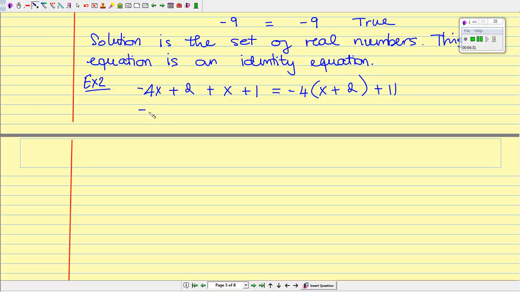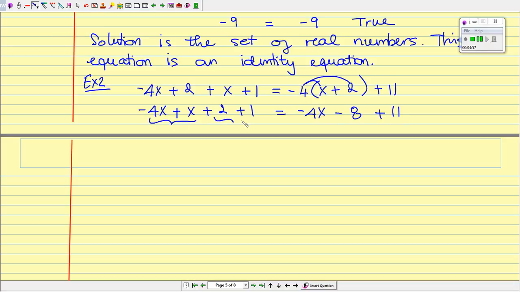Now on the left-hand side, we are going to move all the like terms together. So negative 4x and the positive x, and then the two numbers. Now on the right-hand side, we are going to distribute negative 4 to remove the parentheses. So negative 4x minus 8 plus 11.